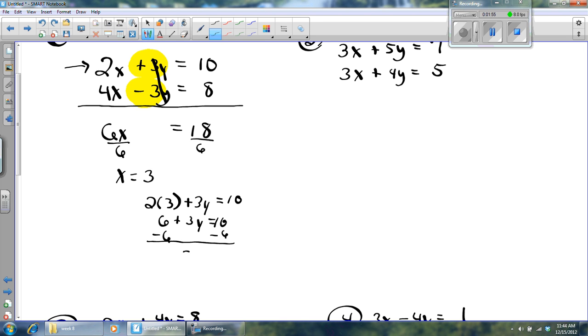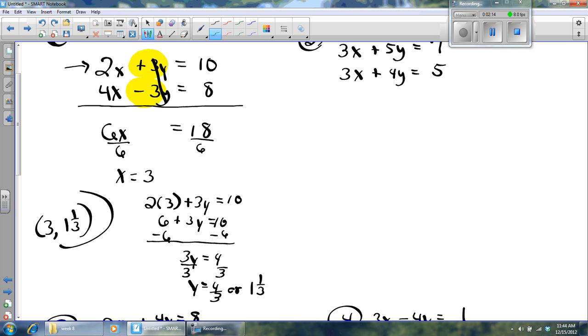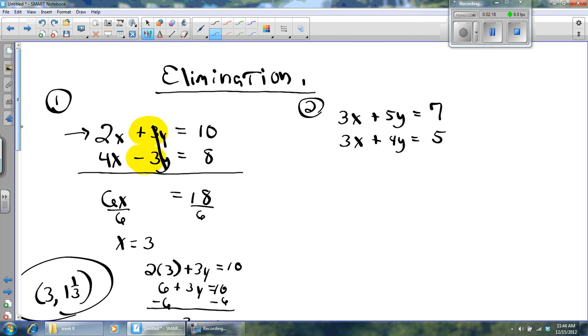And I'm going to get 3y equals 4. Divide by 3. So y is going to equal 4/3 or 1 1/3. So the solution to this problem is the point 3 and 1 1/3. Okay. There you go.